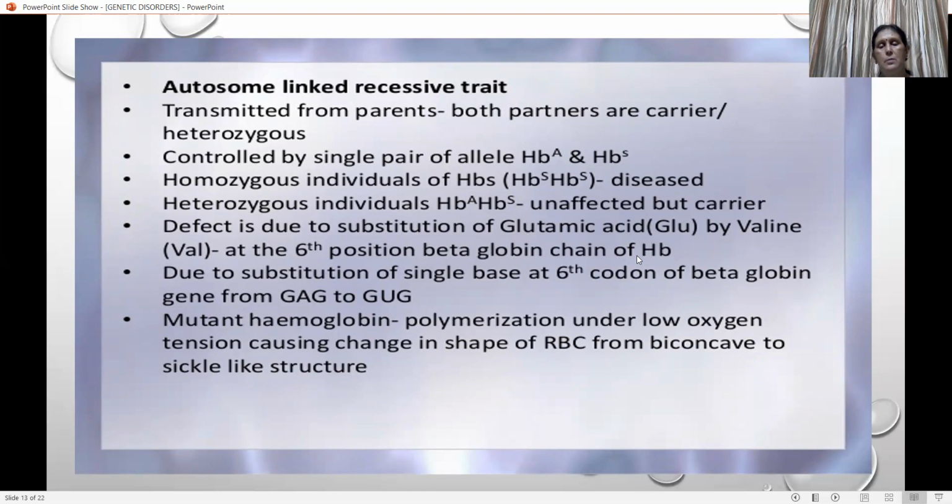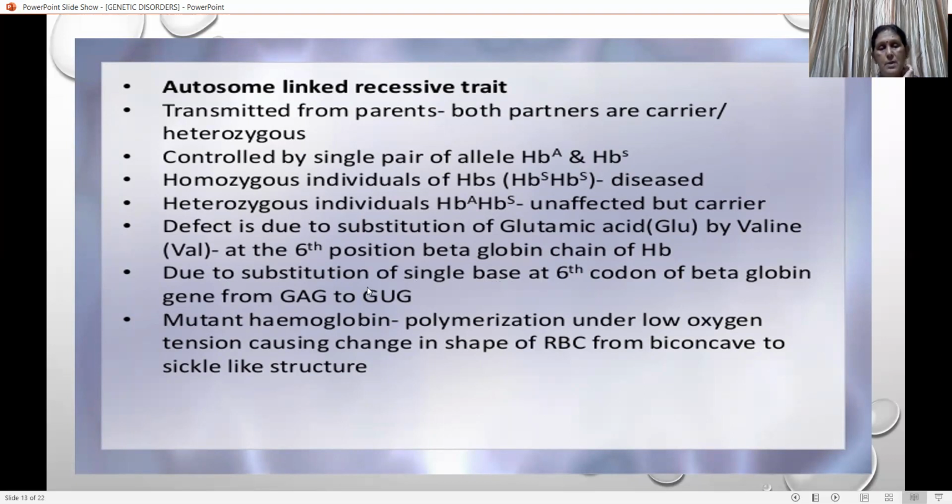We know that hemoglobin has two chains, alpha and beta chain. In the beta chain, at the 6th position, glutamic acid is substituted by VAL, or valine, due to substitution of a single base at the 6th codon of beta globin. During protein synthesis, there are codes for how amino acids are linked together.